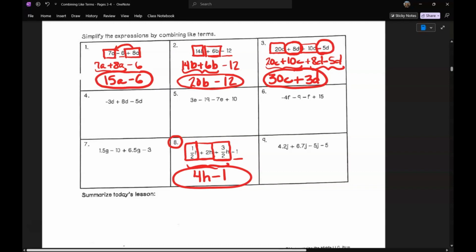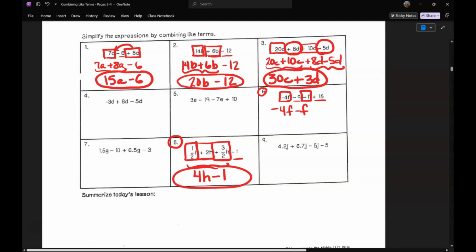All right, let's try number 6. Let's go back up to 6. I see some F's, a constant, another F, and another constant. Let's put our F's together. So put a box around the -4F, a box around the -F. Let's write those together. Notice if it had a negative up here, I'm going to put a negative in front of it down here.